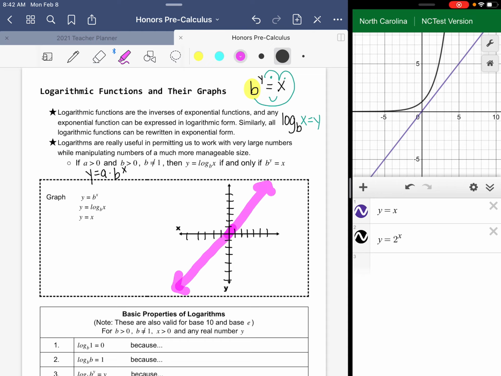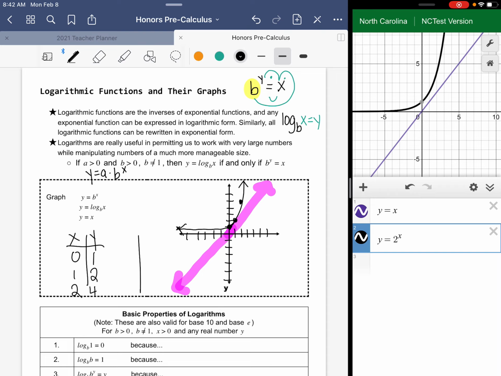All right, so we have y equals x. There's my little reflection line. And for my exponential, we know that we have a point at (0, 1). We should have another point right here at (1, 2), and then another point at (2, 4). So we have this exponential function here. My logarithmic function is going to be the inverse of that.